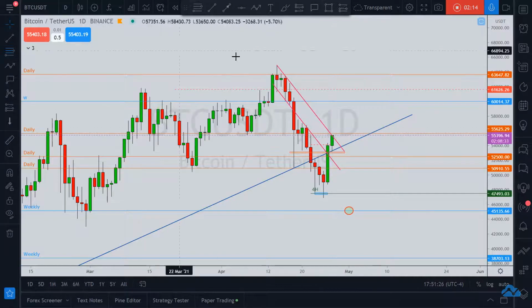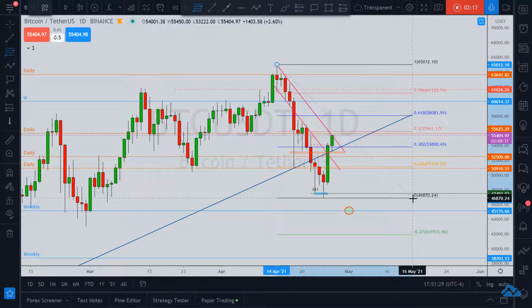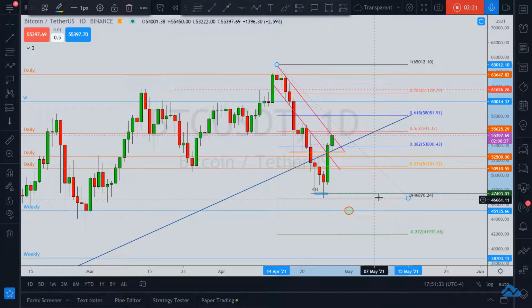Now we put the Fibonacci's on here from the swing high to the swing low. You can see the 50 fib lines up almost perfectly with this same lower high zone. This is the resistance that we're going to be testing.